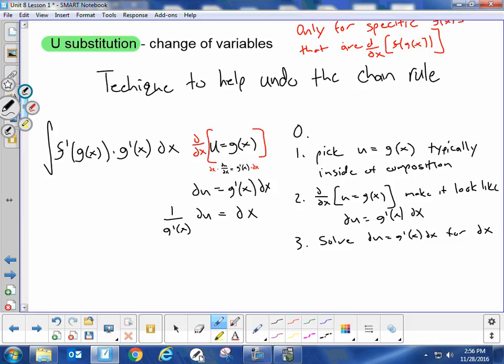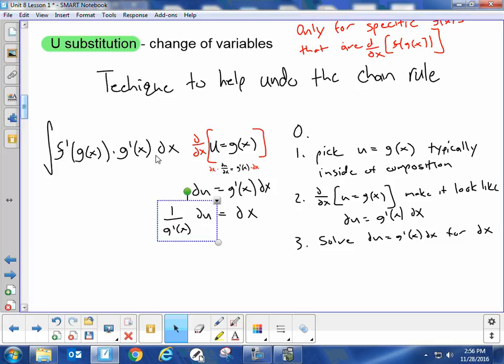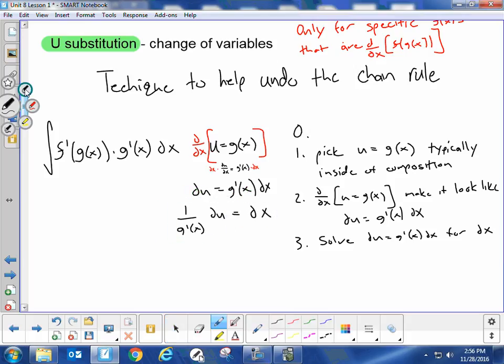Okay. All right. Here is the substitution part. We'll call this the u substitution part. That means we are going to substitute what we set u equal to, but we will also substitute what dx is equal to.